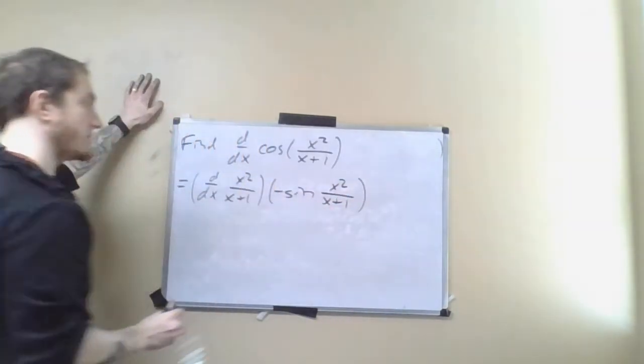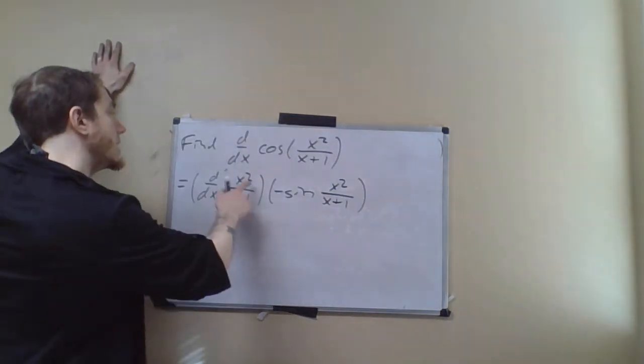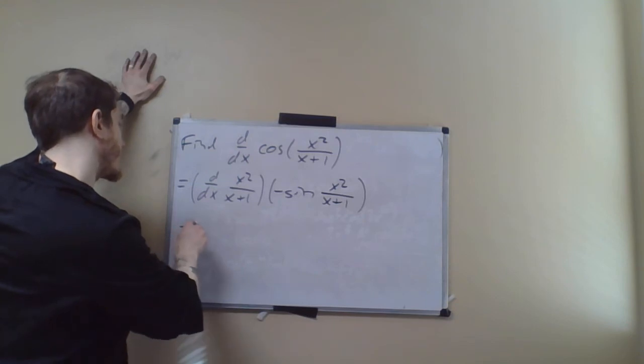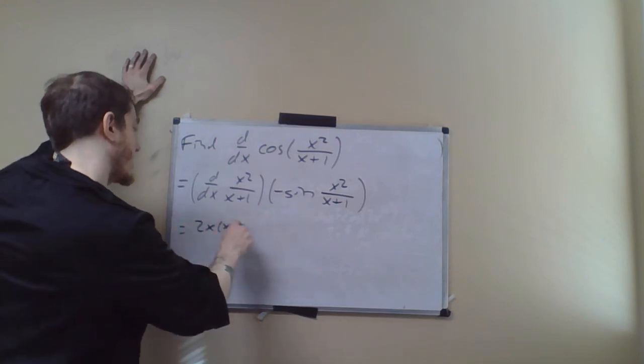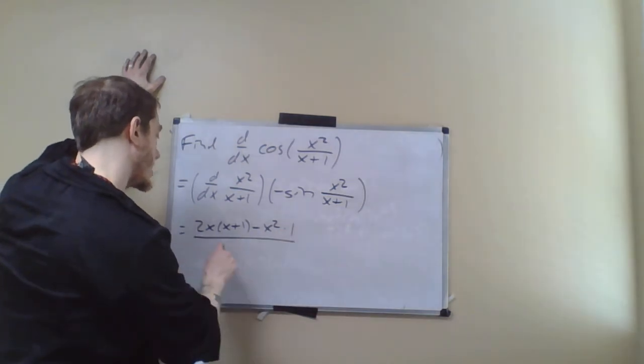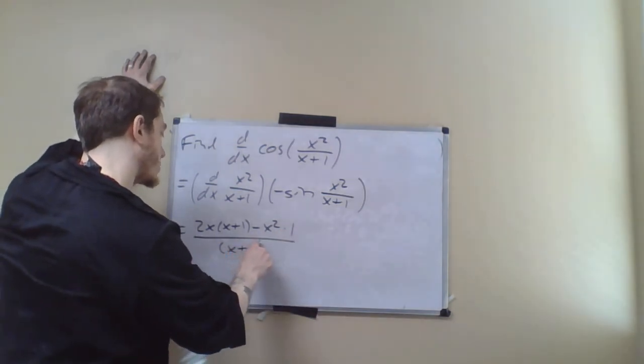We get the negative from taking the derivative of cosine. To do this derivative, we need to use the quotient rule. So this is going to become 2x times x plus 1 minus x squared times 1, divided by x plus 1 squared.